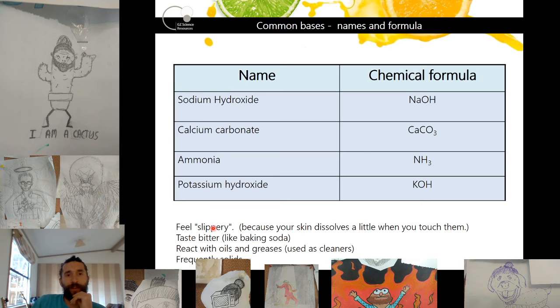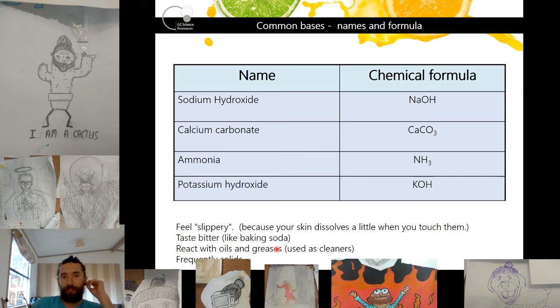So here it says for bases, they often are slippery because your skin dissolves a little when you touch them. That doesn't sound great, but stuff like soap is basic. So it's pretty good to clean your hand that way. Taste bitter like baking soda. Once again, don't just taste chemicals. But yeah, baking soda probably tastes better.